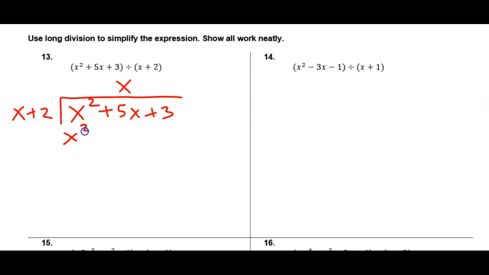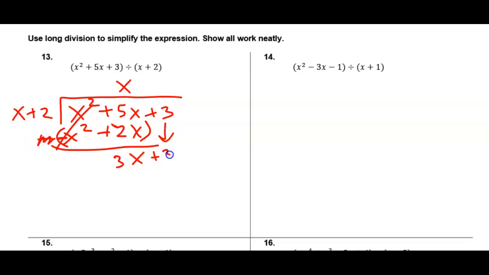Multiply, you get x squared. X times 2 is 2x. And then when you subtract these, this becomes minus, and this becomes minus. So these cancel out. 5 minus 2 is 3x. Bring down plus 3. And then 3x divided by x is 3.